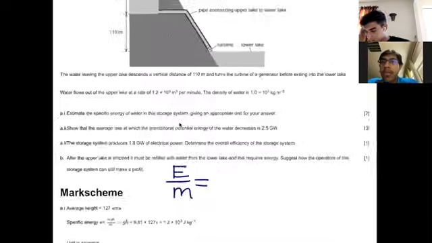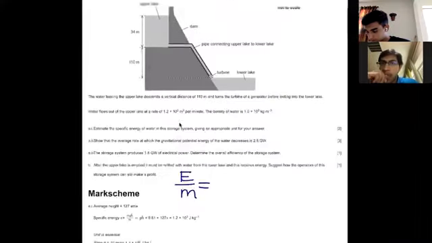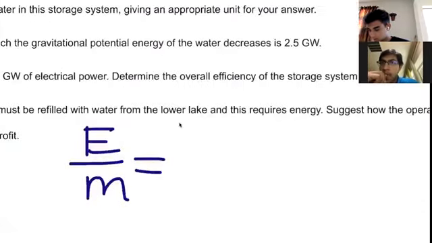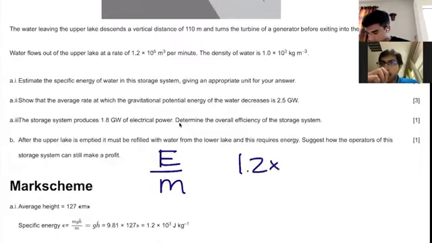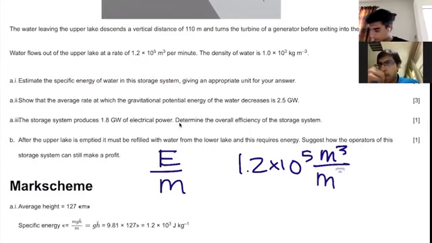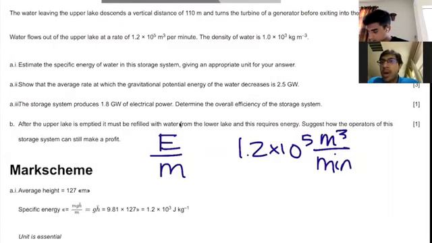So we're given 1.2 times 10 to the 5 meters cubed per minute. So that's volume over time. And then the density of water is 10 to the 3 kilograms per meters cubed.